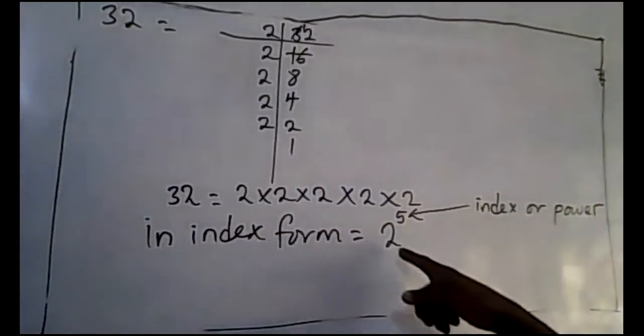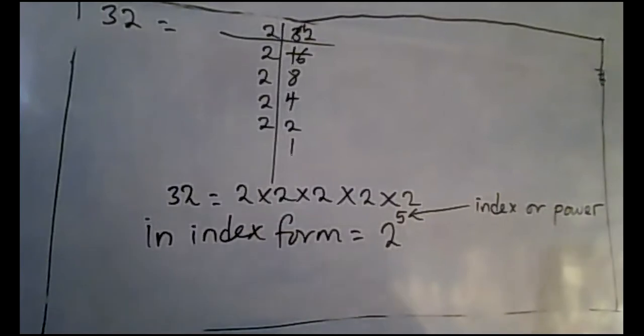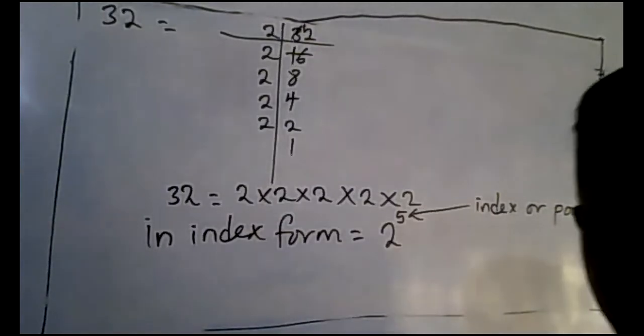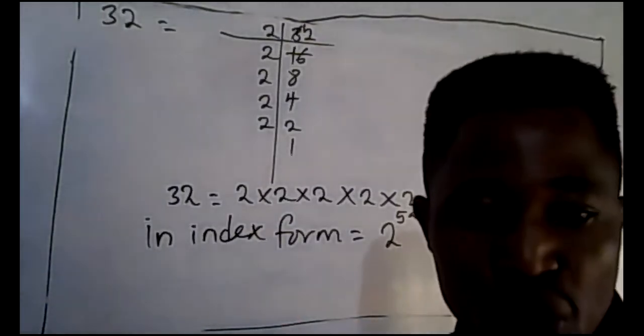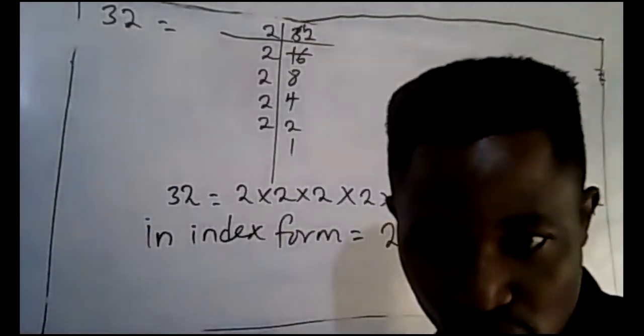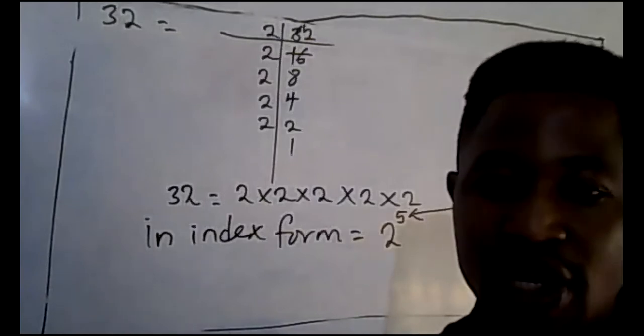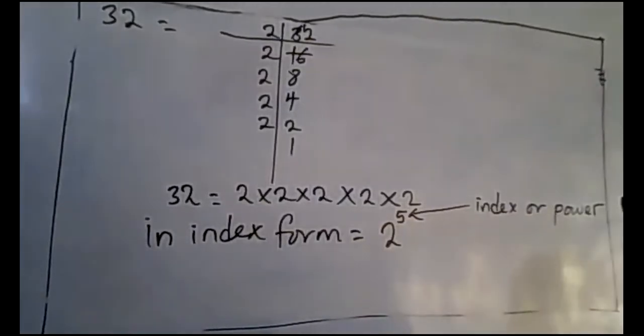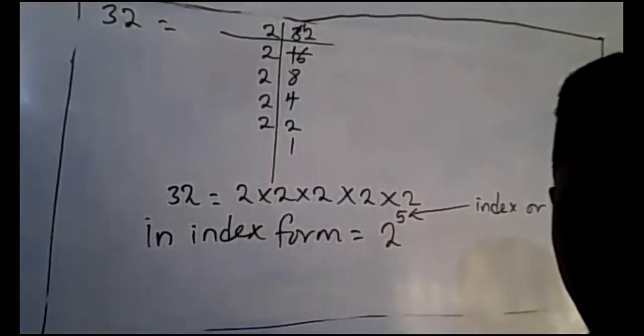So the index of 2 is 5, the power of 2 is 5, and that means 2 times 2 times 2 times 2 times 2. All right, so that is that. Let's move on to another example.